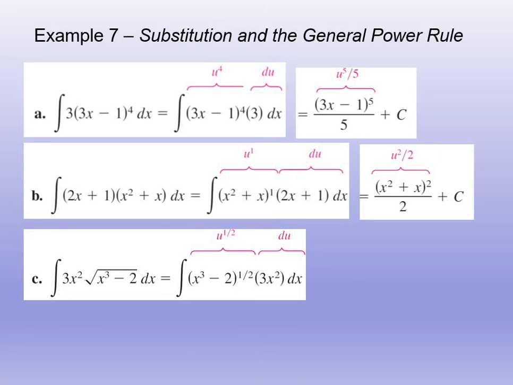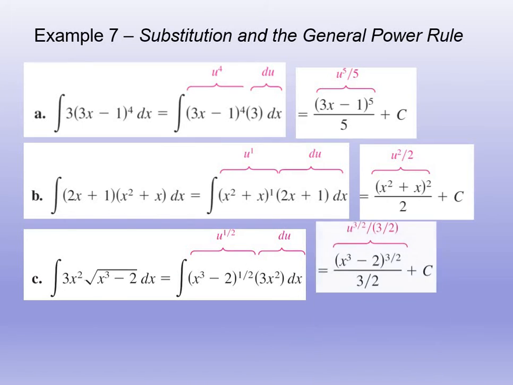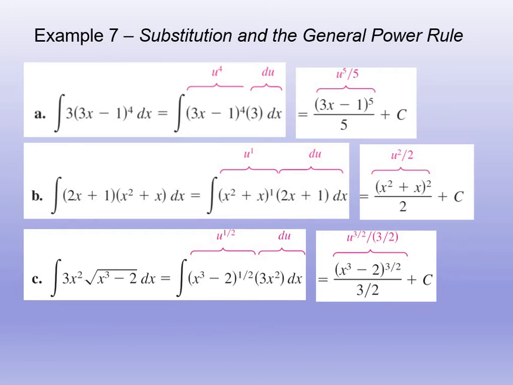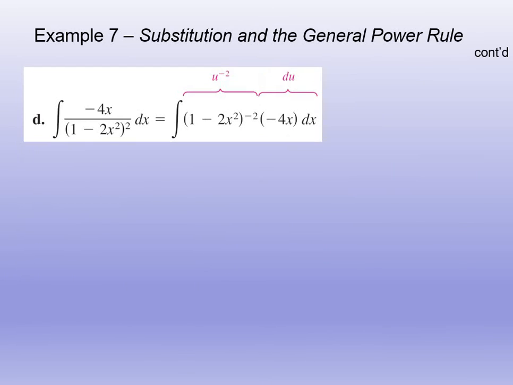And n is our 1/2, so we're going to have n plus 1, so it's going to be u to the 1/2 plus 1 divided by 1/2 plus 1. When all that is said and done, we've done our integral, and then we replace the u back with what it is, x cubed minus 2, divided by 3/2. Then we multiply the numerator and denominator by 2/3, so we don't have a fraction divided by a fraction scenario. So we end up getting 2/3 times x cubed minus 2 to the 3/2 plus c. Don't forget that plus c with the indefinite integrals.